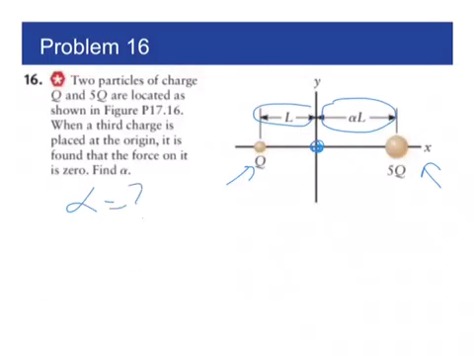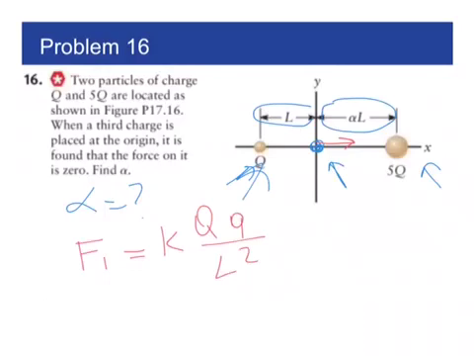Let's look at the forces that act on this charge. Assume they all have the same positive charge. It doesn't really matter, you can repeat the same calculation if the charge is negative. Because charge Q and the unknown charge in the center have the same sign, the force acting on this charge is going to go this way, and it's going to be F1 equals k capital Q little q over L squared.